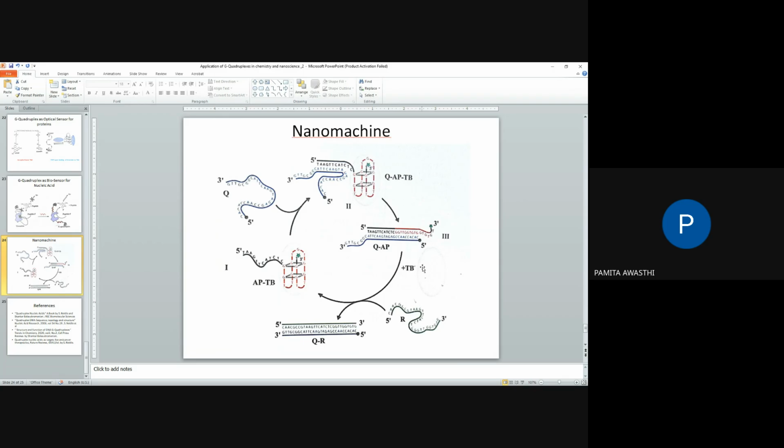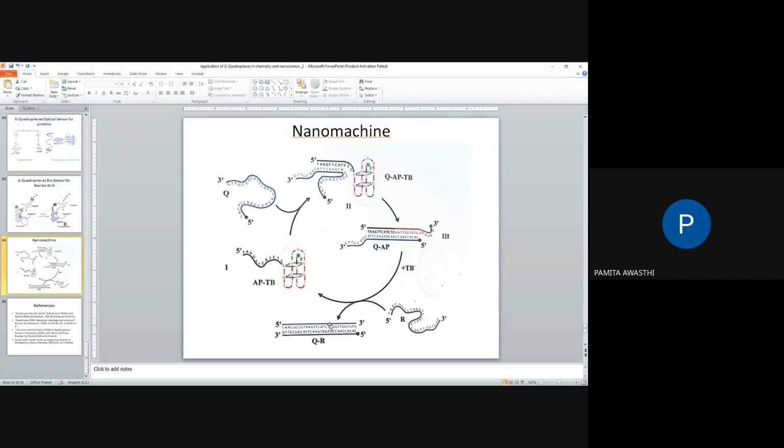So this is being released, and addition of another DNA sequence which is complementary to it allows it to refold again, right? And this nanomachine is reported to be a new way to control the reversible binding of thrombin in a solution state.